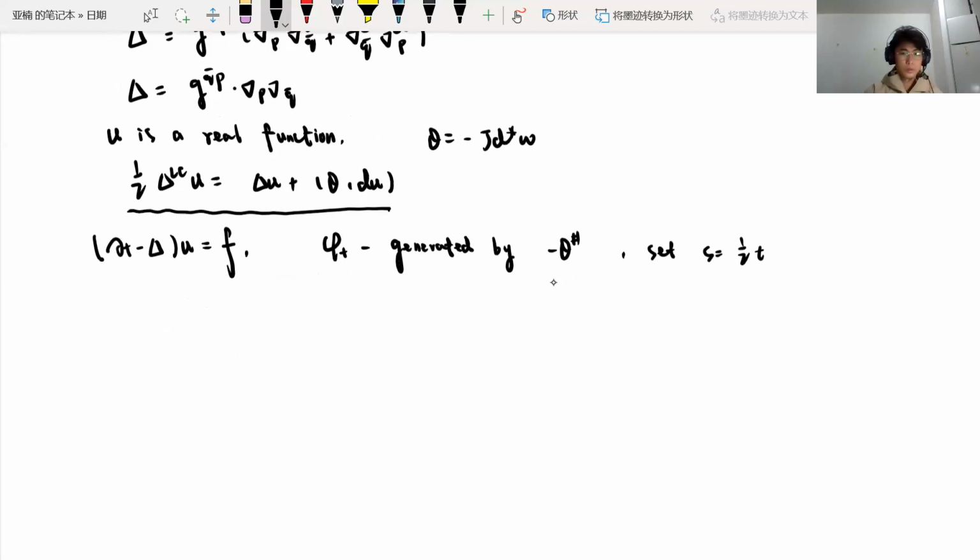Then we compute the evolution equation of u_t, which is pulled back by the diffeomorphism, u composed with phi_t. By definition, it is just this.